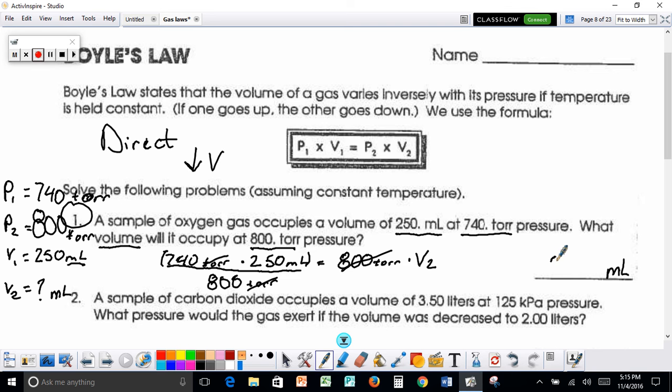So that means my answer is 231. Let me make sure that's clear. So 231 should be our answer.